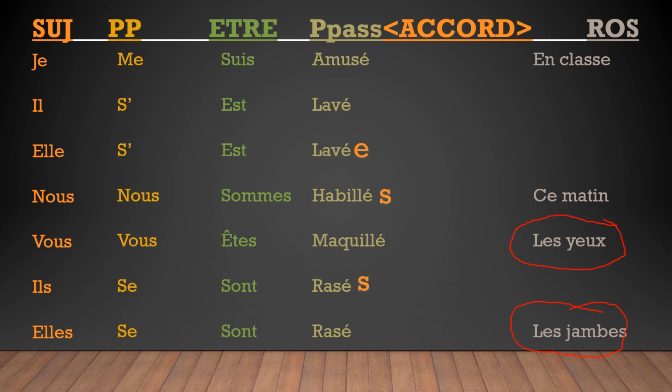Nouns, plural. Yes, but they're also more specifically body parts. So here's a little hint. If you're using a reflexive verb in the past tense with a body part, then you most likely do not need agreement. Because obviously reflexive verbs are going to be performed on that body part. There's your direct object. No agreement needed.